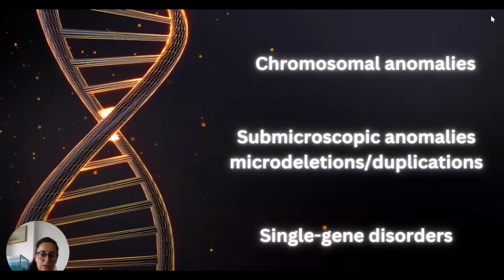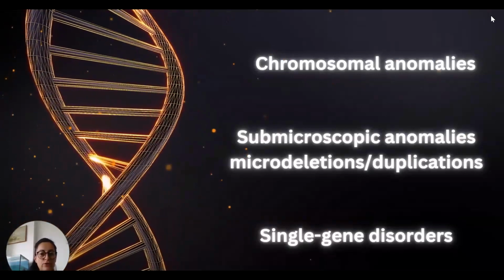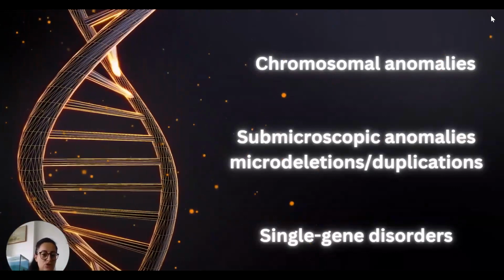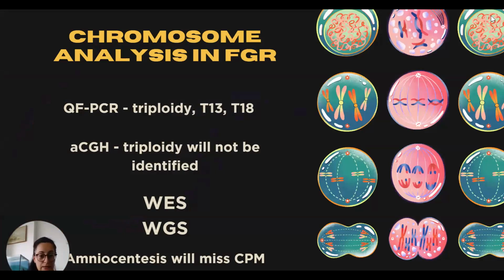The genetic conditions that we should be aware of include the chromosomal anomalies, submicroscopic anomalies, and single gene disorders. The analyses that we have access to are the QF-PCR, which can pick up triploidy, trisomy 13 and 18, RACGH, which will miss triploidy, will not be identified, and the newly introduced in the clinical setting whole exome and whole genome sequencing.